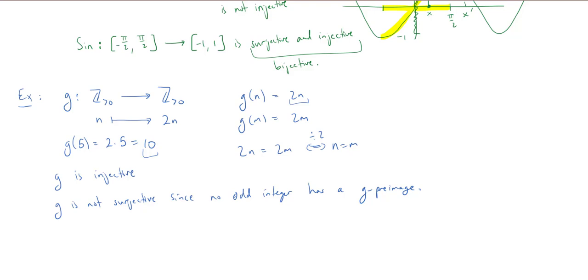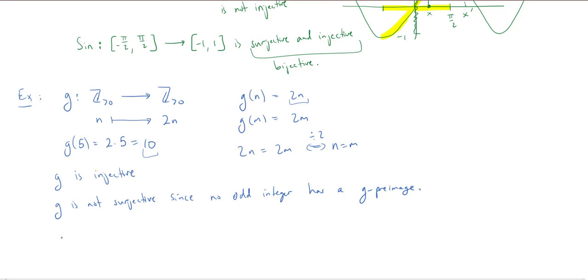Before, we restricted the domain in order to get a new function which was both injective and surjective. Changing the domain here isn't going to help because we don't have enough preimages to begin with, right? We certainly don't want to restrict that domain any further. But what we could do is restrict the codomain.